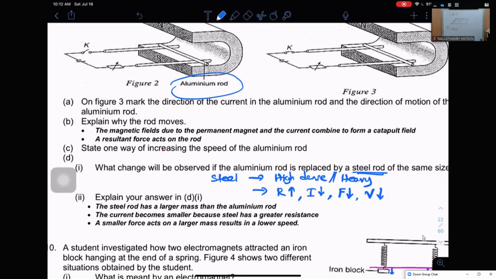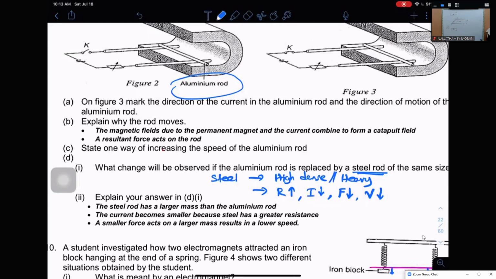So the answer is already given down there. You can check, but I already simplified. Important is in terms of density and also resistance. And what is the effect on the motion of the conductor? It becomes bigger inertia. When the density is higher, it is heavy, so it moves on slowly. And one more is resistance.